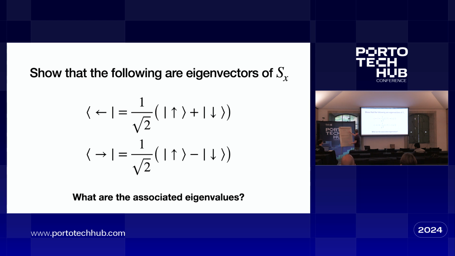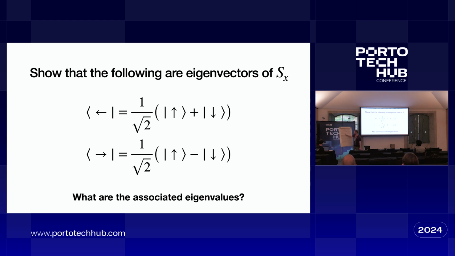So that's Sx, and I'm going to act it on this vector, which is 1 on root 2. This acts on this. 0 dies. This acts on this.